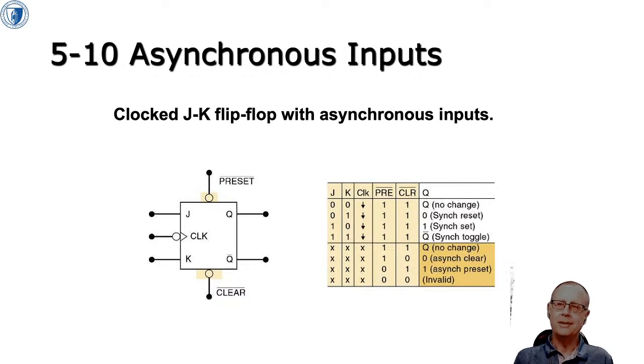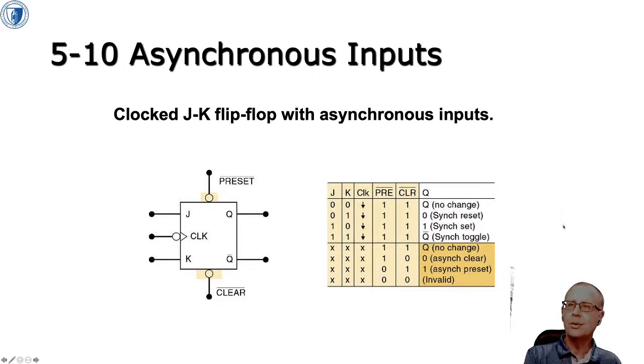But in the table at the bottom, now what you'll see is values of preset and clear being 0. Either one of them is 0 or both of them is 0, right?